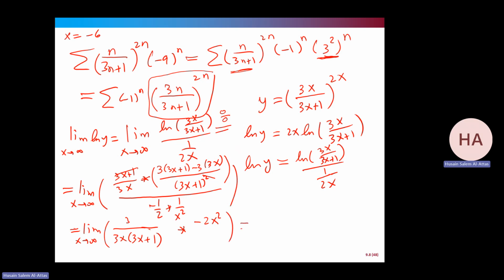So this limit will be a value. That's the most important thing. That will be −6x² over something squared. That will be −6, the highest, and the highest here is 9. That will be −2/3. So the limit of y as x goes to infinity is e to the power −2/3.